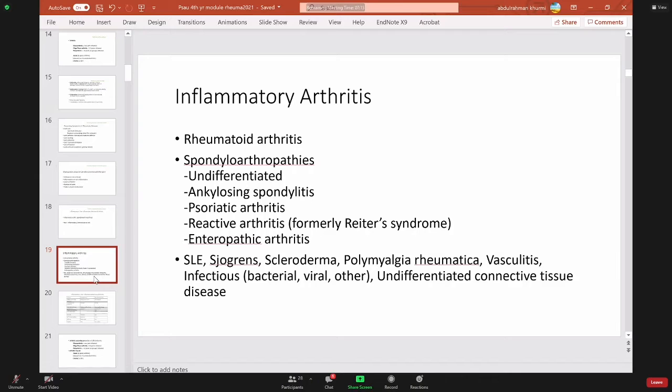Polymyalgia rheumatica does affect the elderly and comes with shoulder and hip stiffness. Vasculitis, there are different types of vasculitis, including, for example, Wegener disease and giant cell arteritis, and many other diseases, where mainly blood vessels are affected, either small, medium, or large blood vessels.